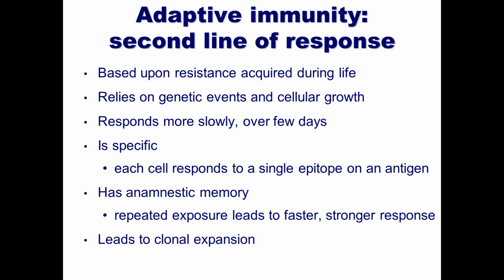Innate immunity responds within a minute, but this acquired adaptive immunity responds more slowly over a few days, and it is very specific, meaning one antigen or one molecule will respond only to a particular type of antigen, not a wide range of antigens. It has anamnestic memory, and repeated exposure leads to a faster response. The first response is slower, after that they develop memory, and when a second infection takes place, they respond faster.